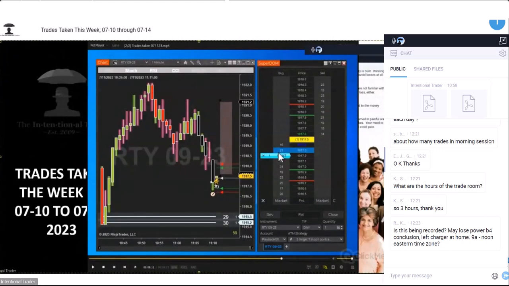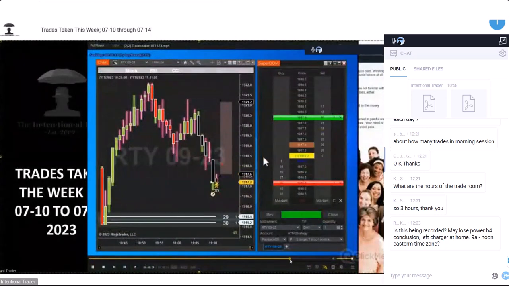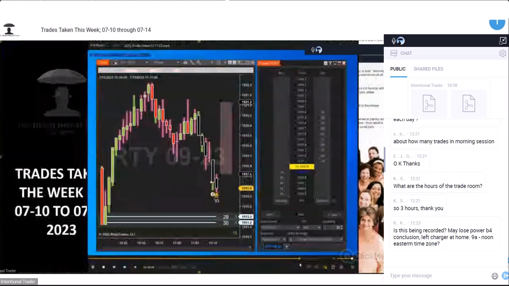So I entered this trade. And again, not one of my favorite setups, but it certainly qualified. And it ended up being a loser.